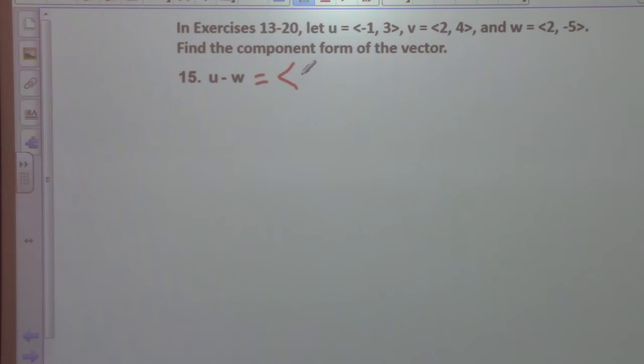So it's going to be u minus w, so you get -1, 3, and you subtract out 2, -5. So you get -3, and then you have 3 minus -5, so that's going to be 8, right? So that's u minus w.